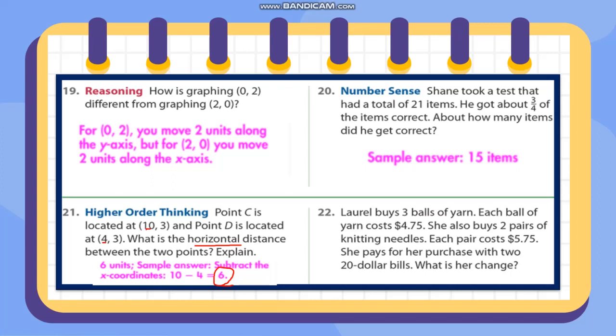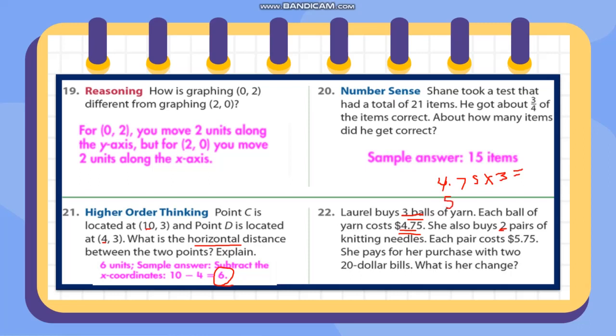What is her change? So as you can see here, each ball is 4.75, having a total of 3 balls. So 4.75 multiplied by 3. Okay, and the other one is 2 pairs of knitting needles, and each pair is equivalent to 5.75.